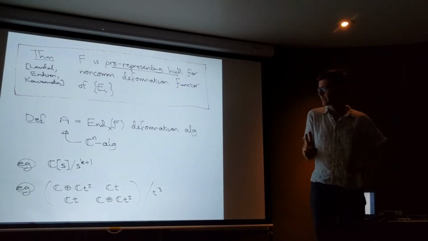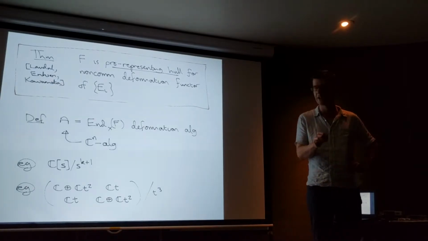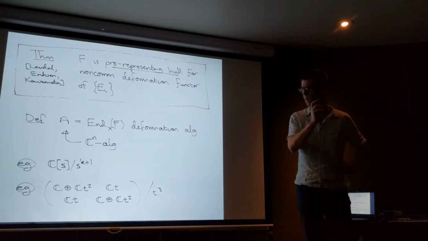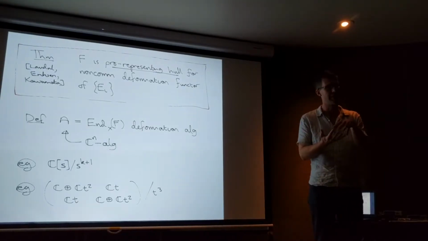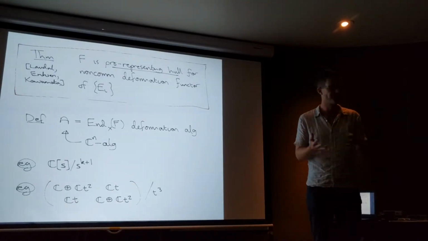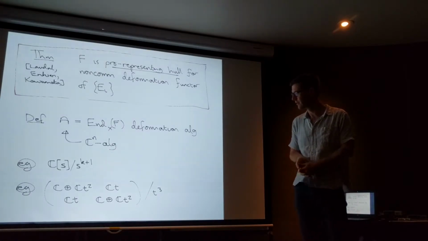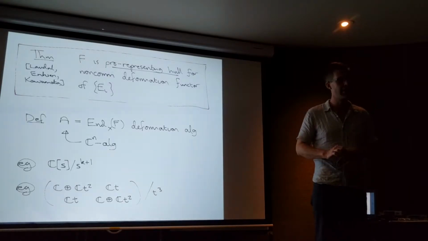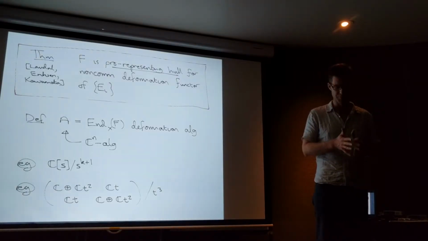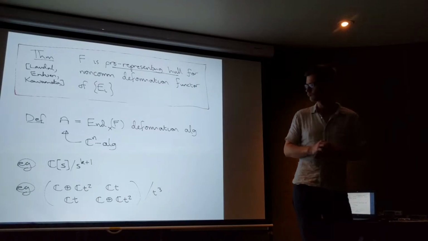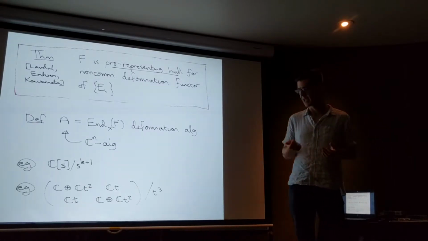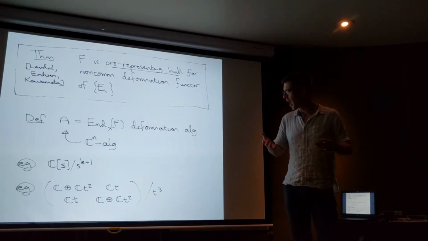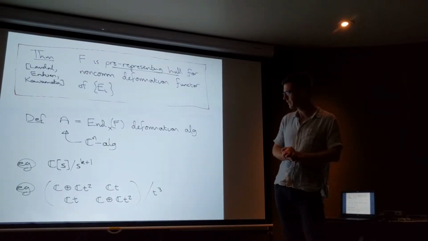Notice also that it has the structure of an algebra over C^n, where n is the number of sheaves I started with. That's because F had a direct sum structure. So in the first example, that algebra is just the truncated polynomial ring, depending on the order of the deformation. So if k equals 1, it's a first order deformation, that's just the dual numbers. So it's what you'd expect.